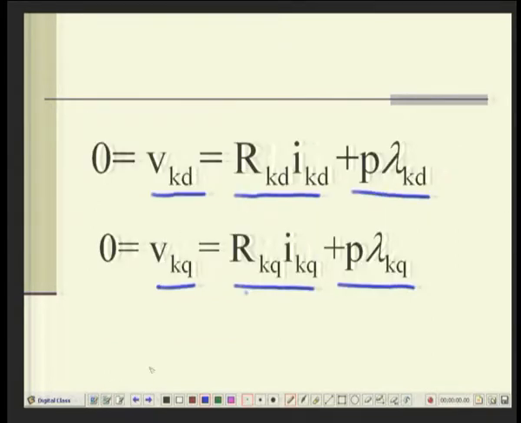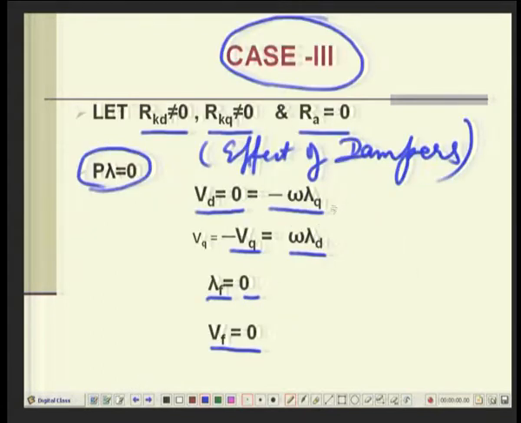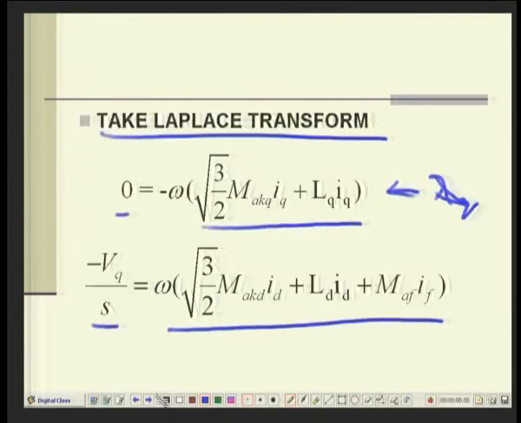We had omega lambda q as 0, so we substitute for this, and these two terms we call equation 1. All we have done is take the Laplace transform of those voltage equations.